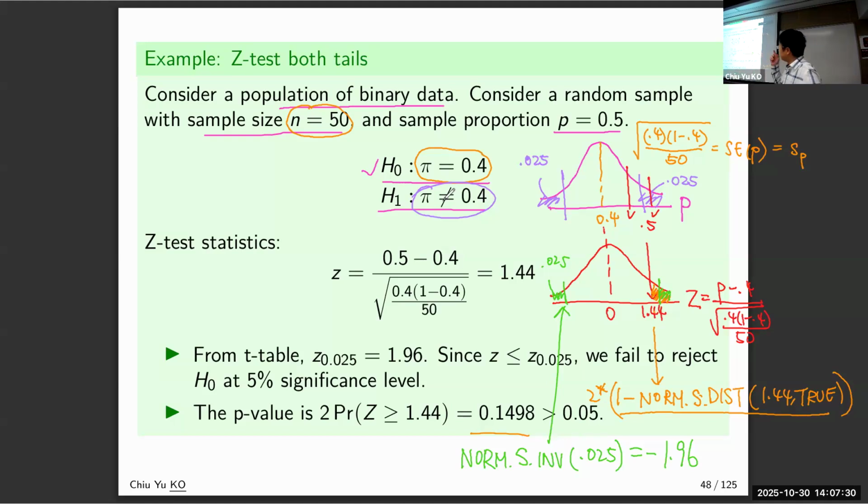Actually, you can notice when we do two-tail tests, the thing we calculate is very similar to an interval estimator. Indeed, you can show if you do an interval estimator around 0.5, it will include 0.4. So that means the two-tail test is closer to the interval estimator.